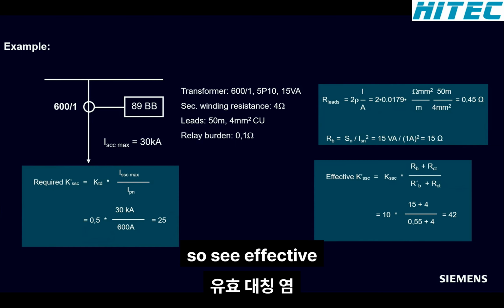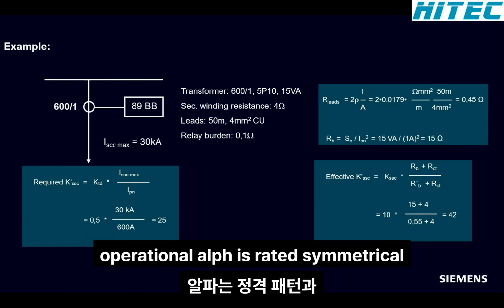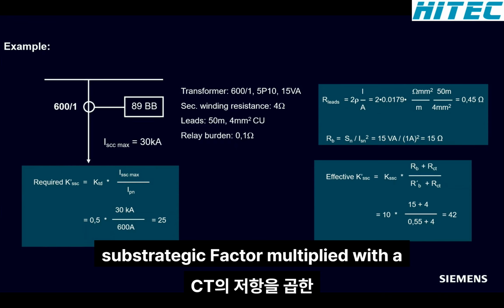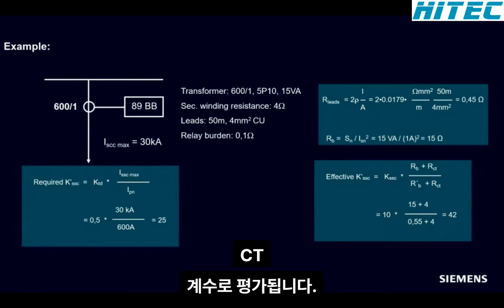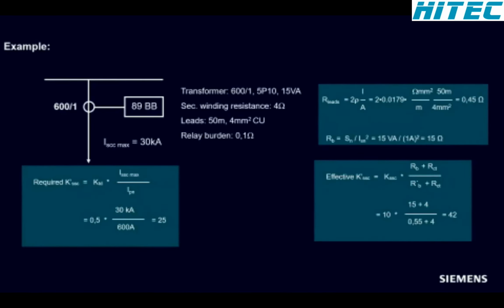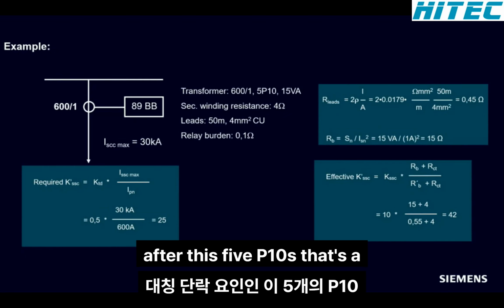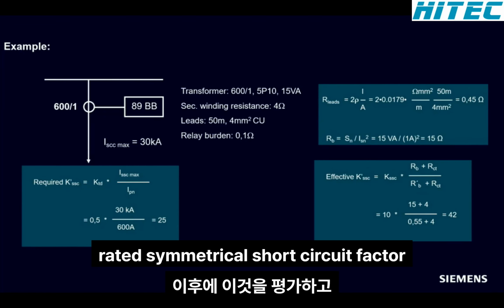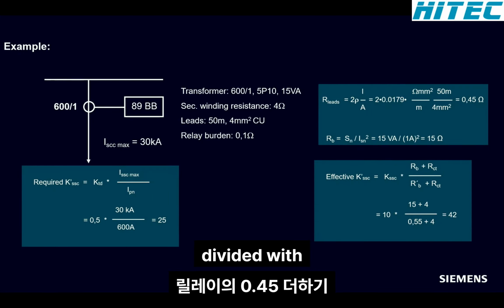So the effective symmetrical short circuit factor, or the operational ALF, is the rated symmetrical short circuit factor multiplied with the rated burden plus the resistance of the CT, divided by the connected burden plus the resistance of the CT. So that's 10, from the 5P10, the rated symmetrical short circuit factor, times 15 plus 4 divided by 0.55.